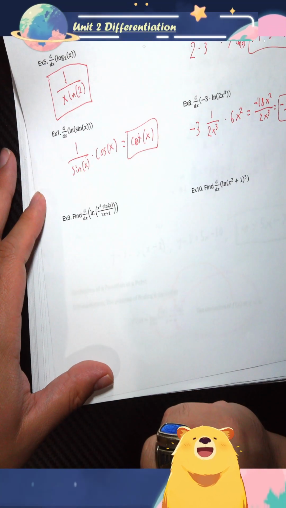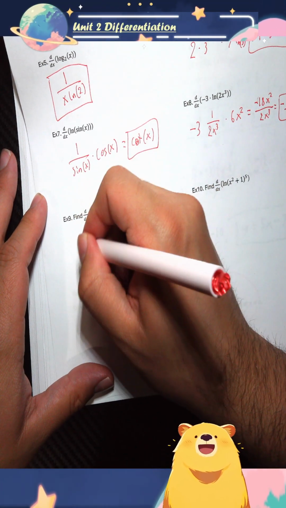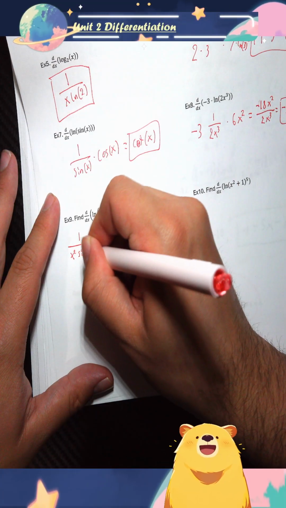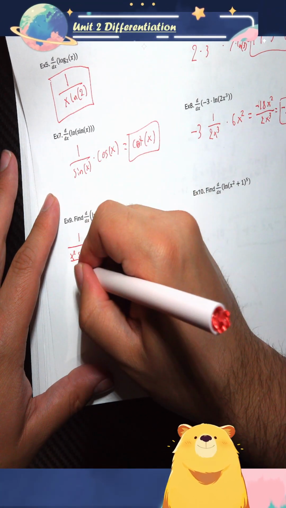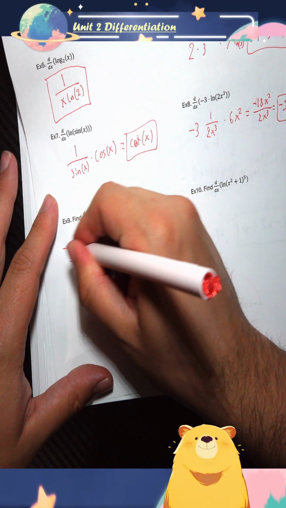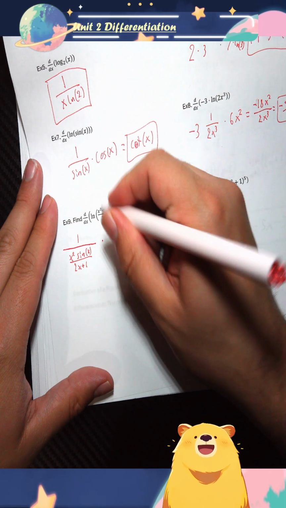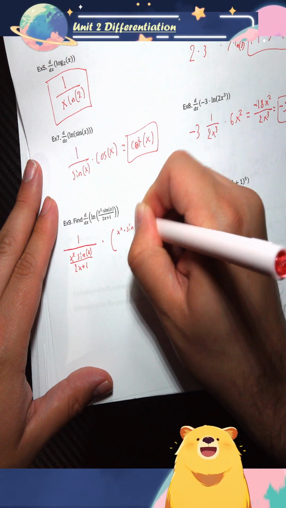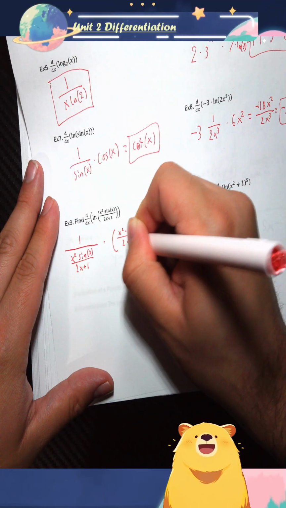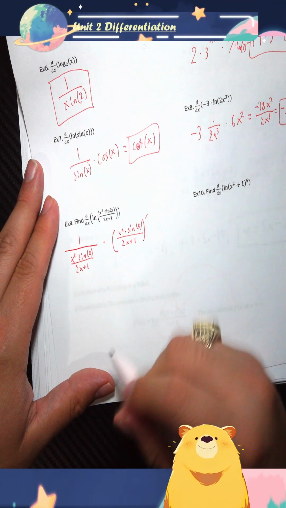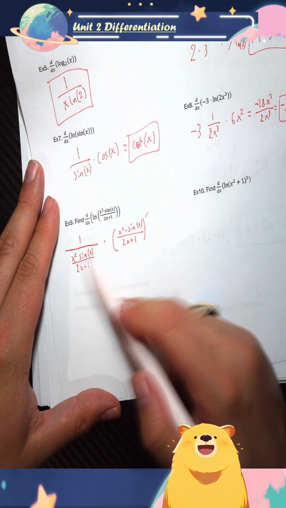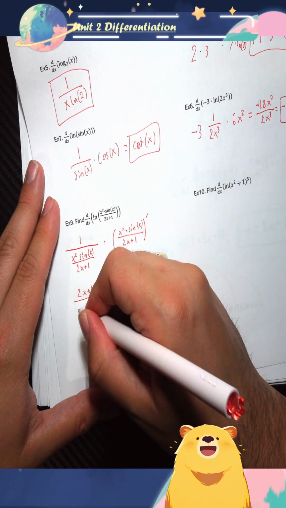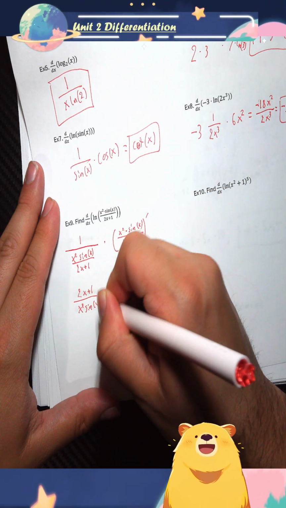Let's go ahead and first rewrite this as 1 over the whole expression, so x squared sine of x divided by 2x plus 1, and then times the derivative of that inside, so x squared times sine of x over 2x plus 1 derivative. Okay? Let's do a step here. We know that that fraction can just be written as 2x plus 1 over x squared sine of x.